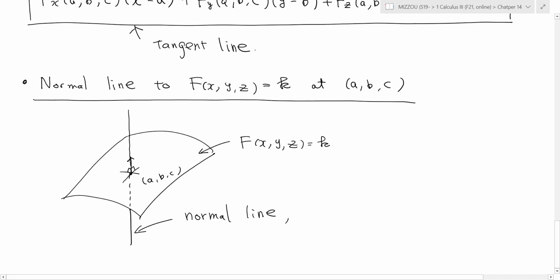Then what's the direction vector of this normal line? Well, as a direction vector, you could choose the gradient vector at this point. So the normal line has the gradient as its direction vector.